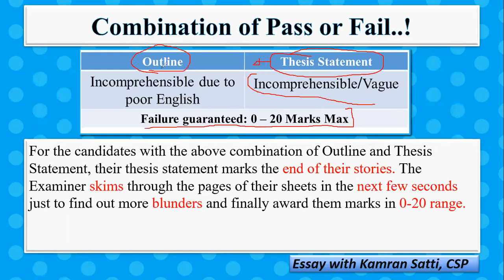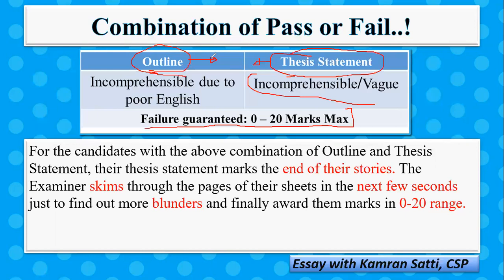So that essentially tells you the importance of outline and thesis statement, why these two ingredients are very, very important. Because if you are able to master these two, if you have done these on the exam day in a very accommodative way, so to speak, then the examiner will at least read your essay. Okay, he will read your full essay with a positive intent.